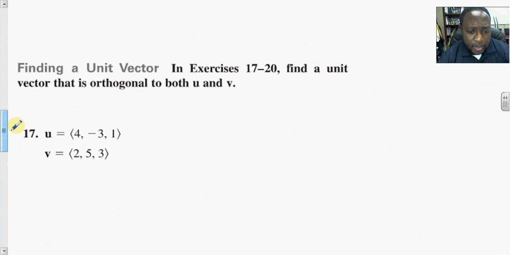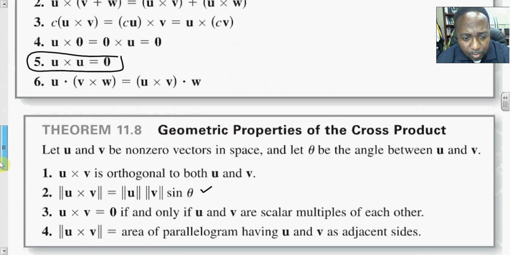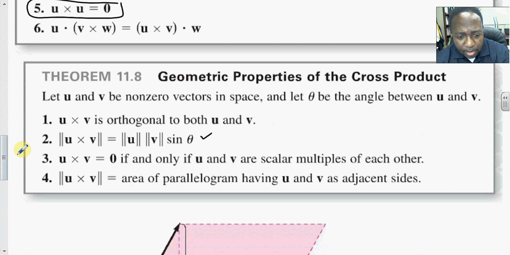Find a unit vector that is orthogonal to both U and V. That's the cross product, right? Now, here's where I'm pulling everything from. Well, I did talk about the scalar, triple scalar product. Just hadn't worked the problem, but we did talk about it. I didn't want to get ahead of time. We're using this theory that the cross product of U and V is orthogonal to both U and V. See that?